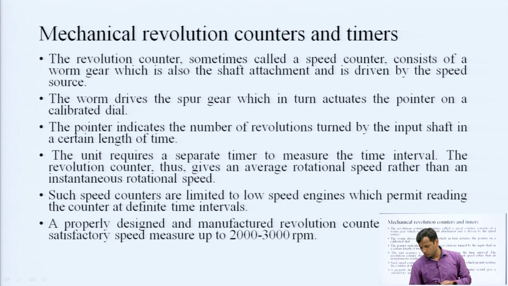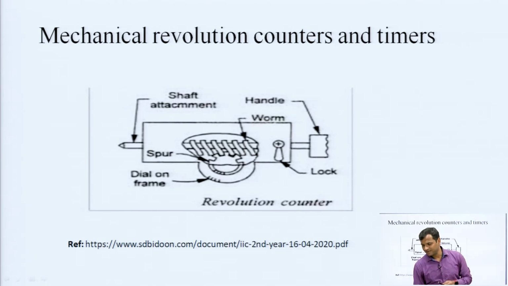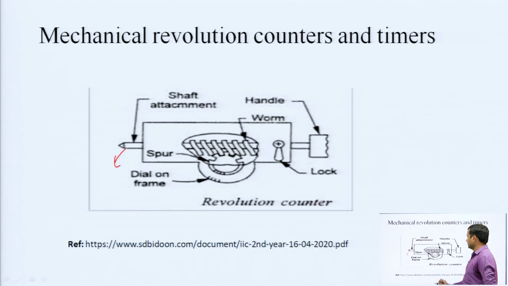So, we will now see the construction of the mechanical revolution counter and timer. We can see in this figure the shaft attachment, this is our shaft, this is our spur dial, and this is our worm. Okay.